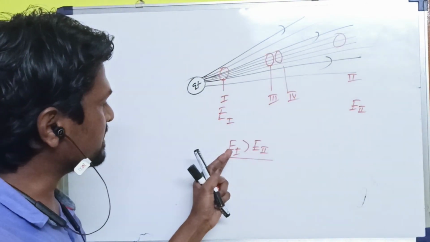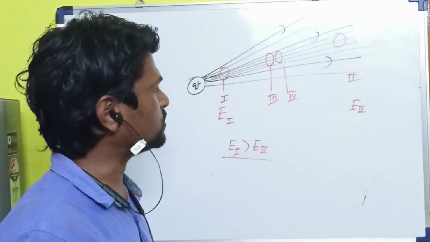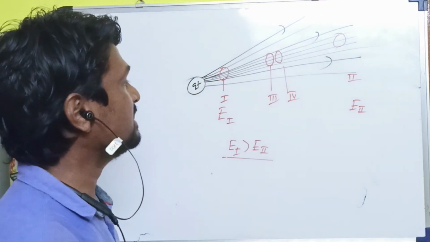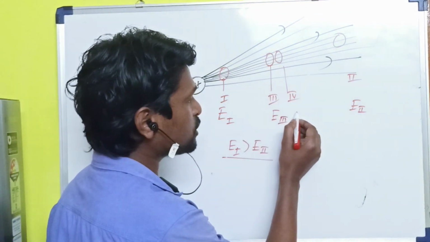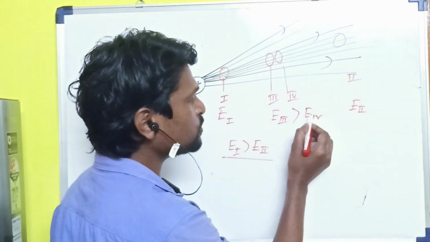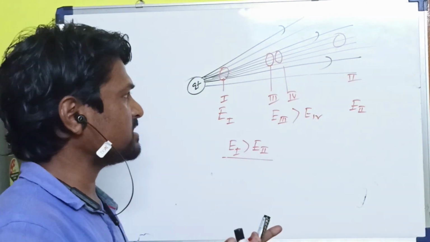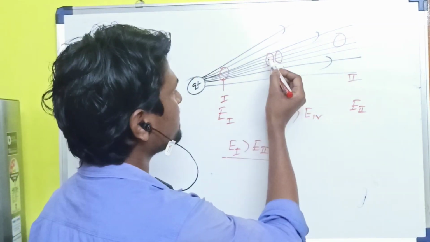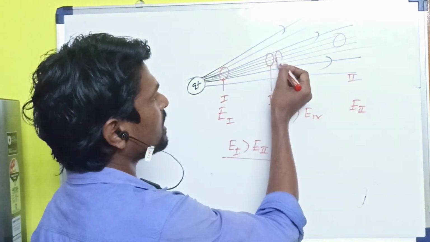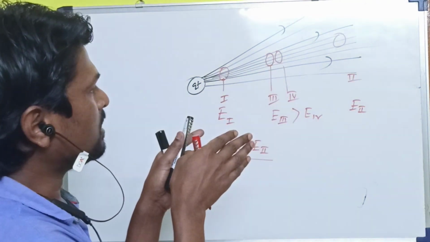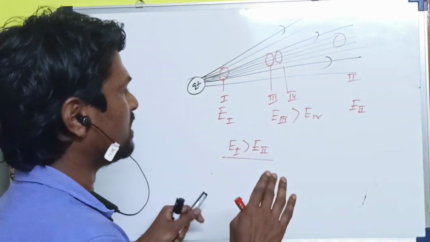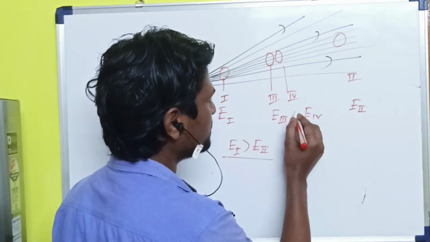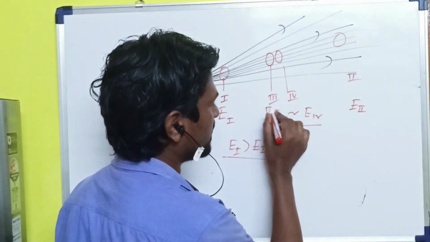But if E3 is compared with this one, we can say that the number of electric lines of force crossing those two different areas is nearly equal. So we can say that E3 is nearly equal to this one.